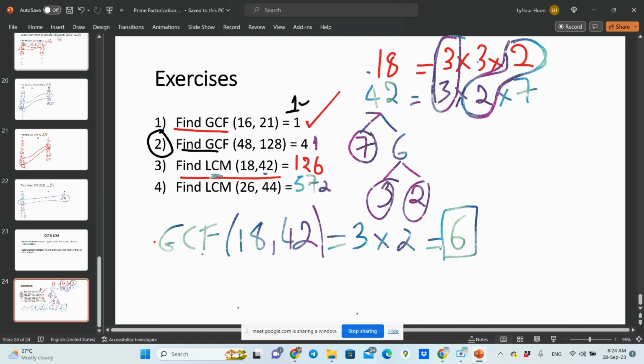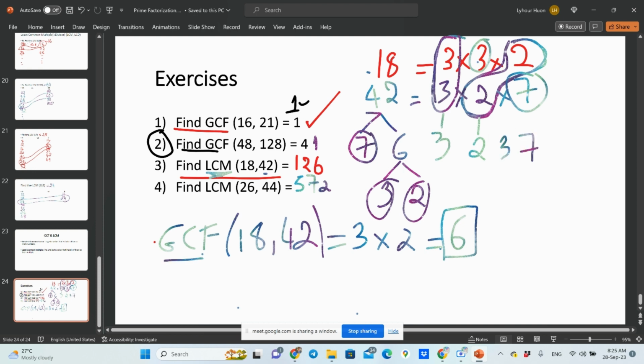Okay. Now the question is asked about the LCM. To find the LCM is somehow similar. Now we have 3 as a common and 2 as a common, but for this 3 and this 7 we don't have a common. Even if they don't have a common, we still take them for the LCM.